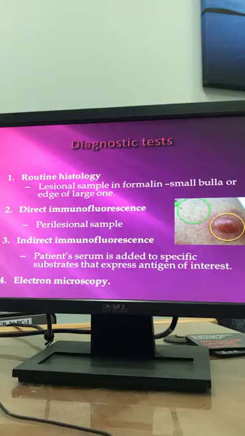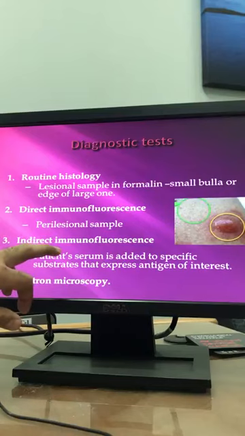Those antibodies are directed against known antigens, and they will link together and form an immune complex. Then this will fluoresce under light, and I will show you. So if you have fluorescence, it will show what the pattern is, etc. I will show you so you can understand more.